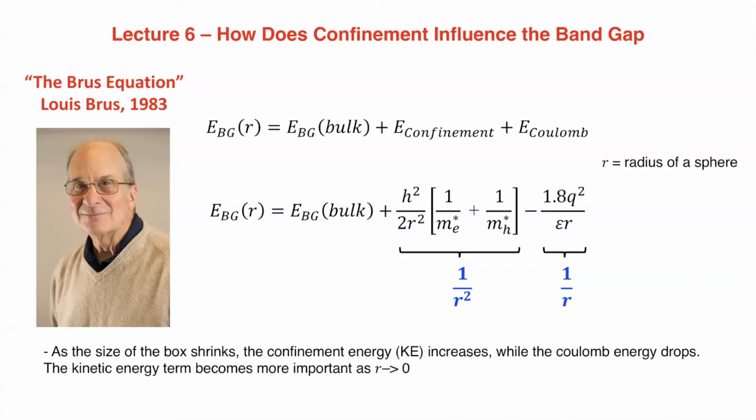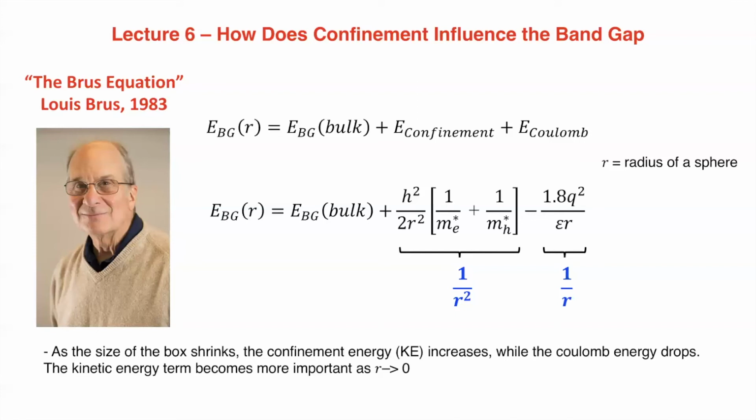What Bruce also recognized is that that middle piece, the confinement potential, goes as 1 over the radius squared, whereas the Coulomb component is 1 over r. In a strongly confined situation where the box is very small, that radius is small.